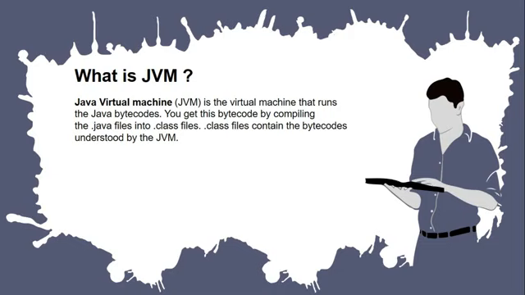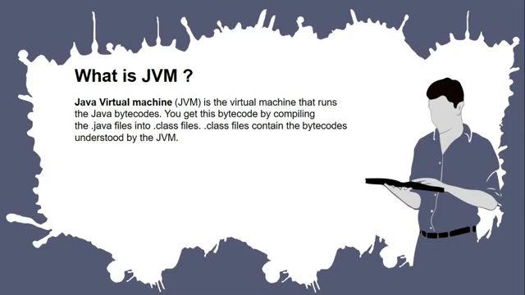One more importance of the JVM: in C or C++ it's a one-step process, and when you convert the C code into executable form, you have to convert it into executable machine form each time for each platform. For example, you have to convert the source code into executable code on Linux, and again on Windows.